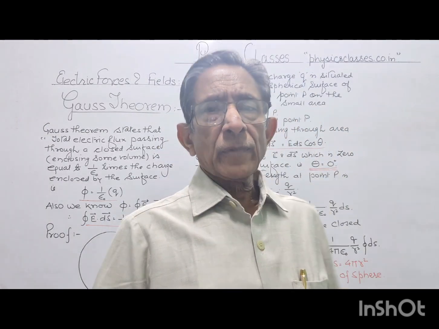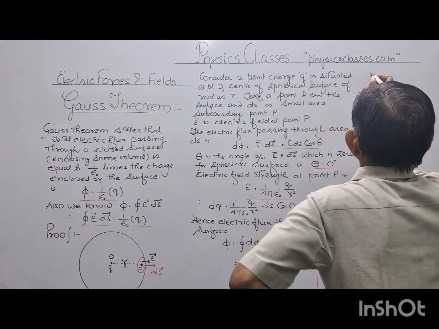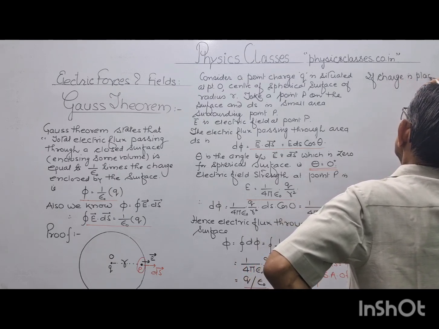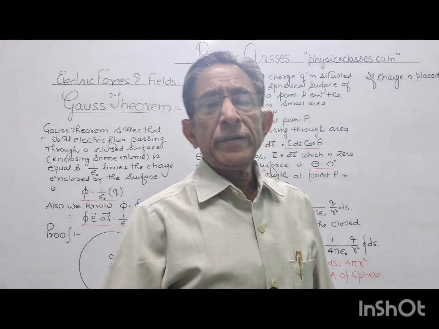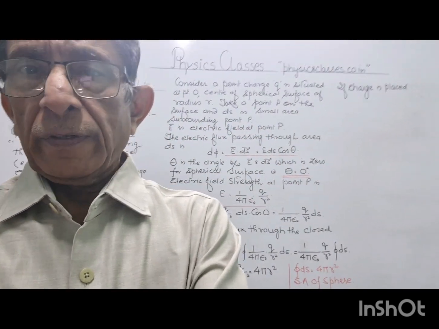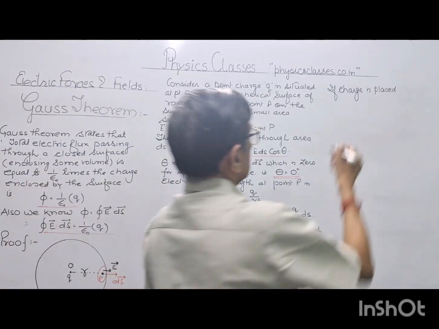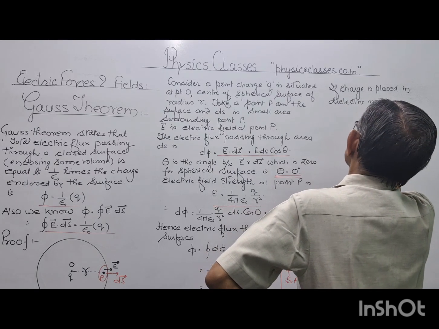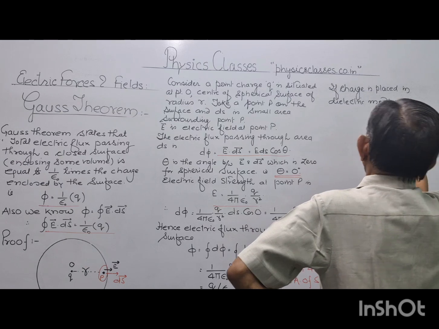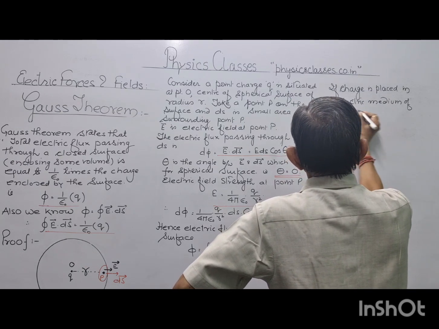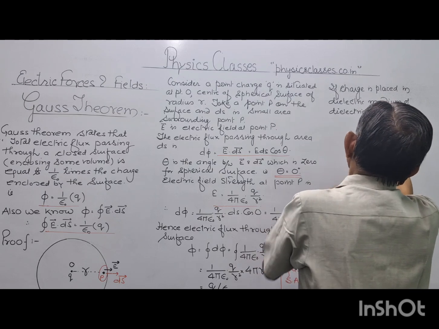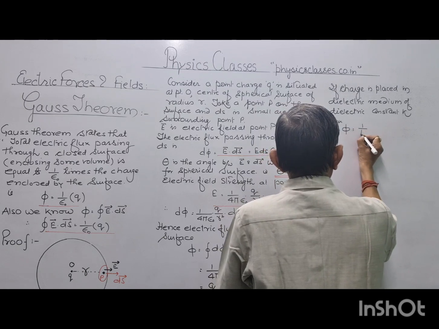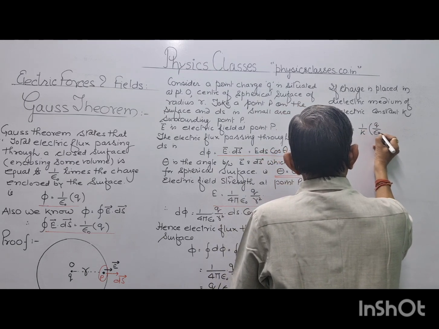Now one more thing, students. Suppose the charge is placed in a dielectric medium of dielectric constant K. Then phi is equal to 1 upon K Q upon epsilon naught.